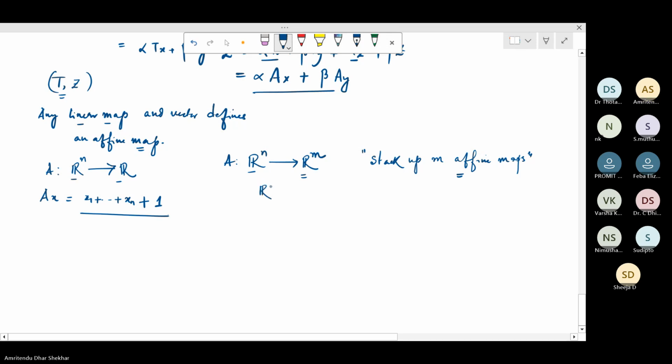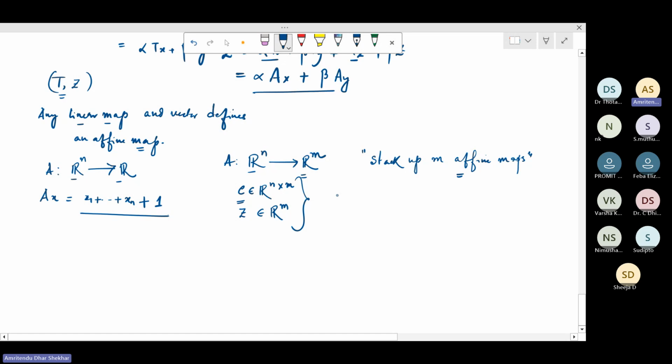So, construct a matrix. Let's call it C, from Rn to Rm. It could be any matrix of your choice, and take any vector z in Rm.